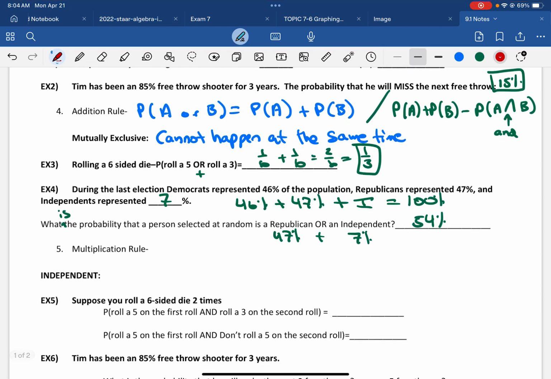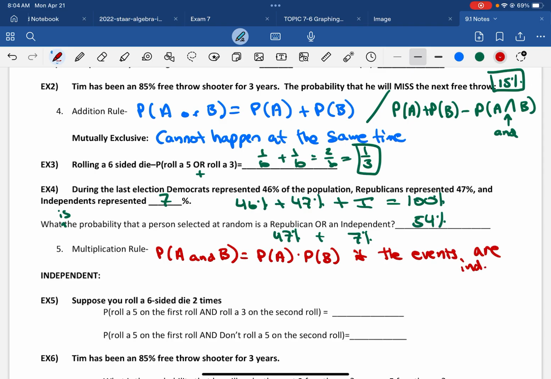Multiplication. Okay, we have the probability of event A and event B. Take the probability of event A times the probability of event B, if the events are independent.